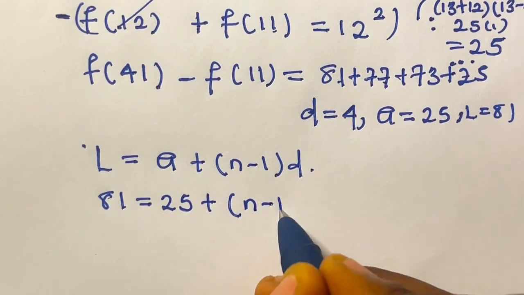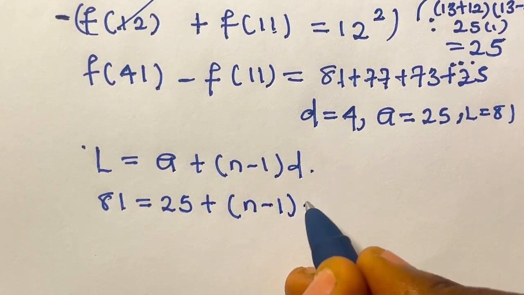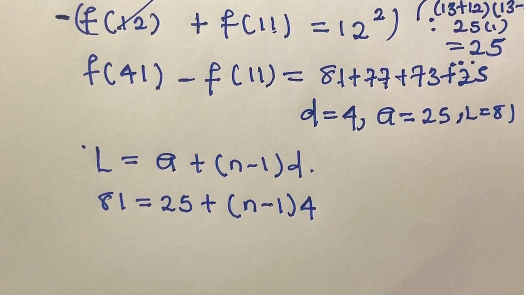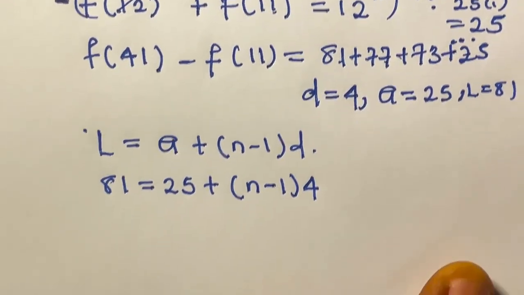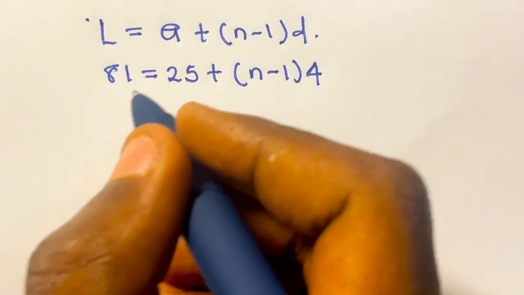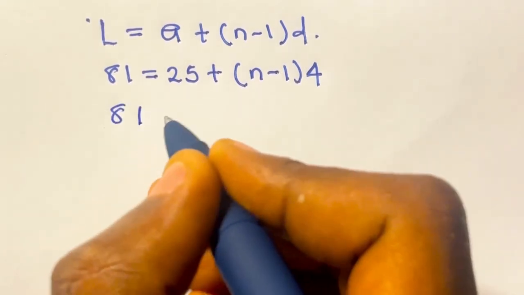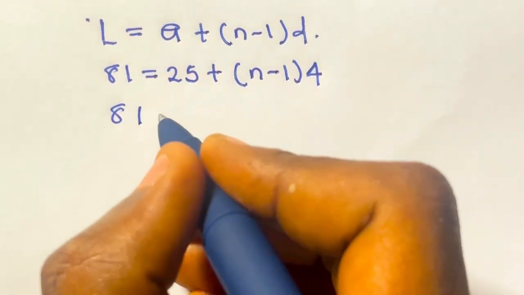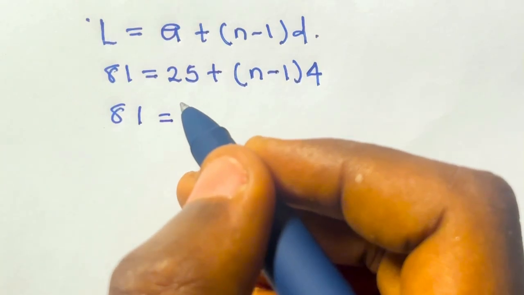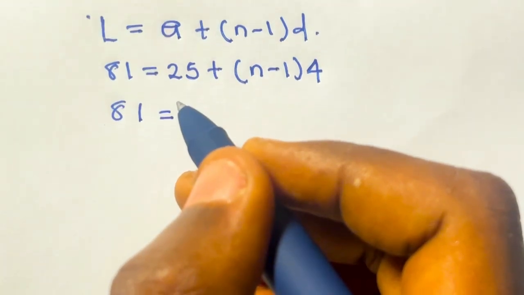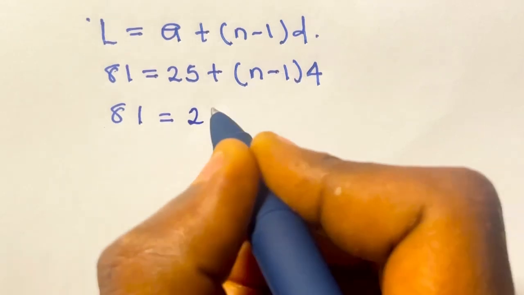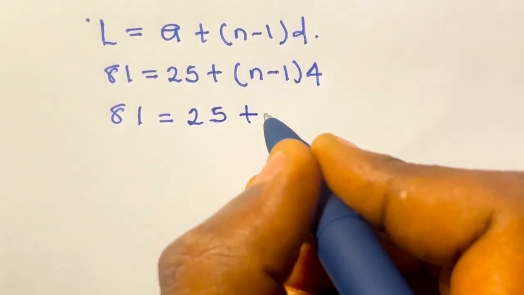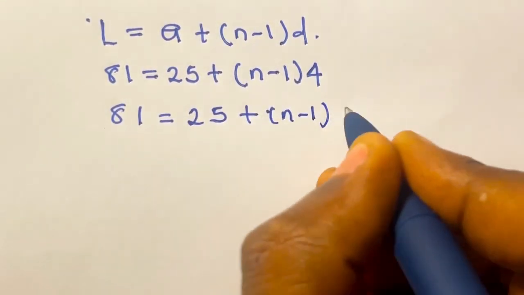We want to find the number of terms, and our d, common difference, is 4. So now here we have 81 equals 25 plus n minus 1 multiplied by 4.